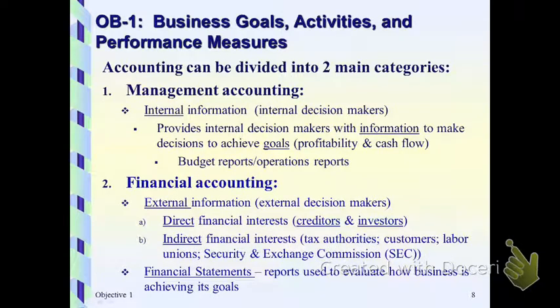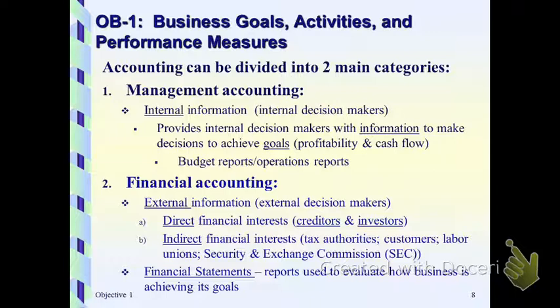The second area is financial accounting. This relates to the direct financial interests of outside parties. So while management accounting is really relating to internal people within the organization, financial accounting is really relating to those outside the business.